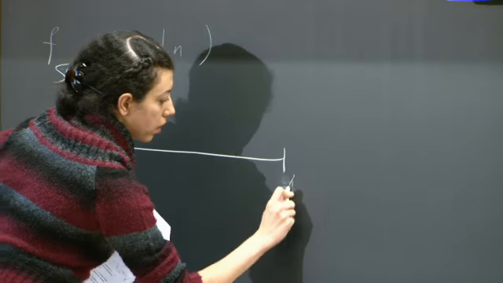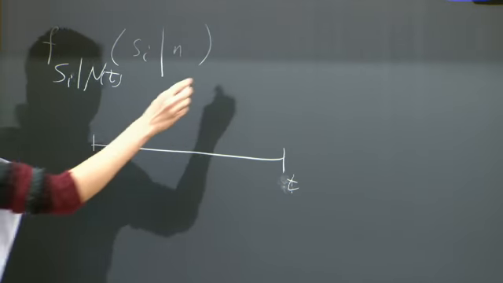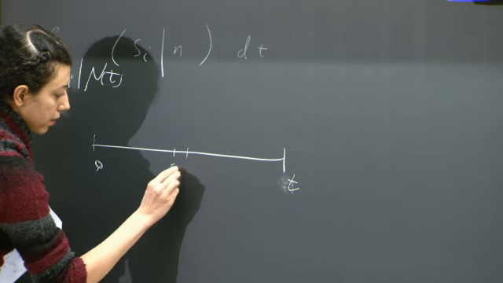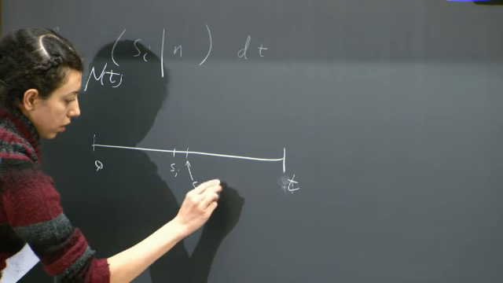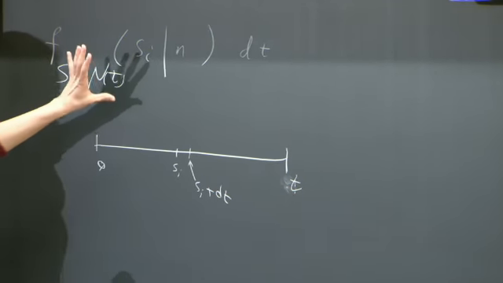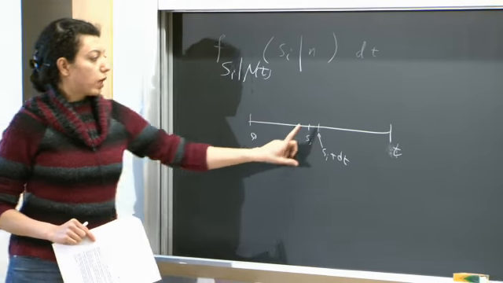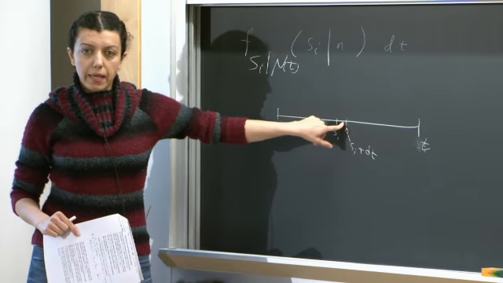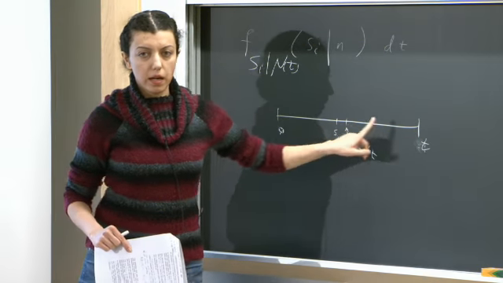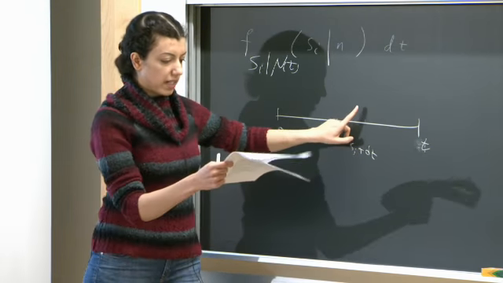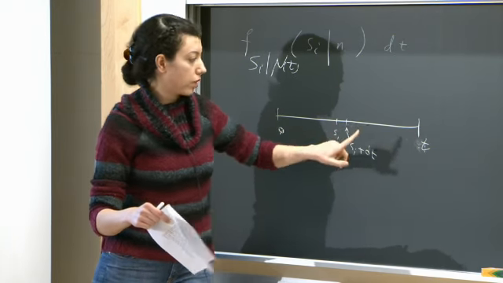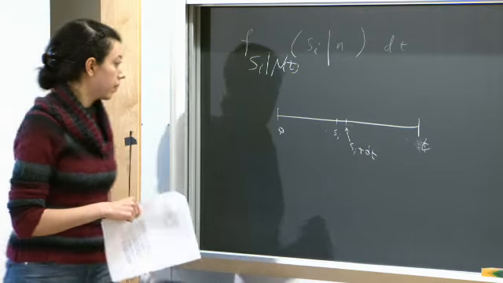I want to see if the ith arrival is somewhere like this. So this event corresponds to the fact that there is one arrival in this interval, i minus one arrivals here, and n minus i arrivals here.